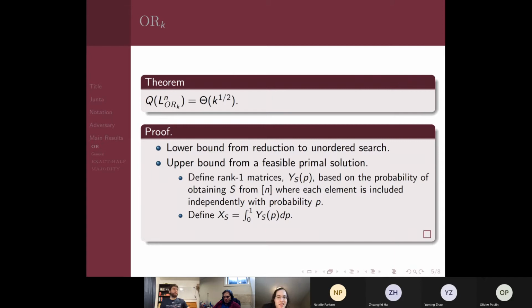So he is integrating the Y_S matrices. But each Y_S matrix is a rank 1 matrix, so it's as if you have one entry in each vector.